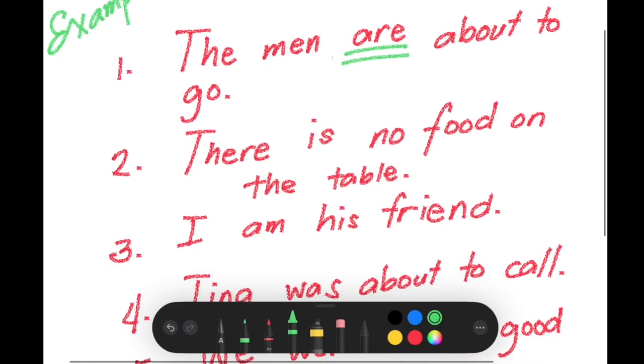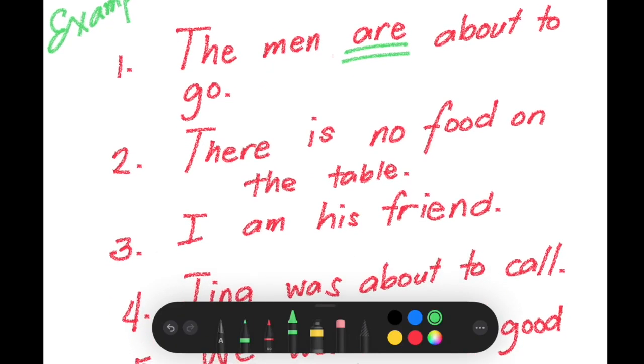Number two, there is no food on the table. Our verb here is. It just links the subject to another noun. And number three, I am his friend. Our verb here is am, our linking verb or state of being verb.